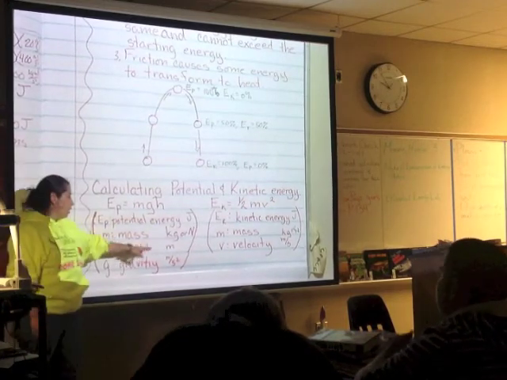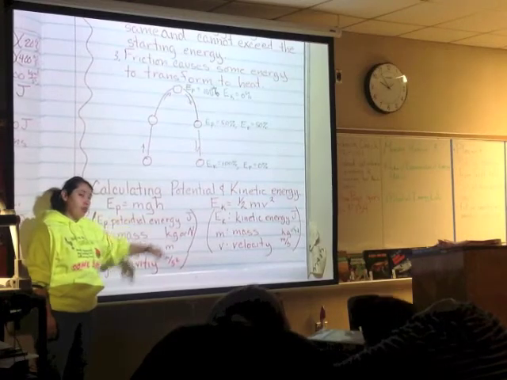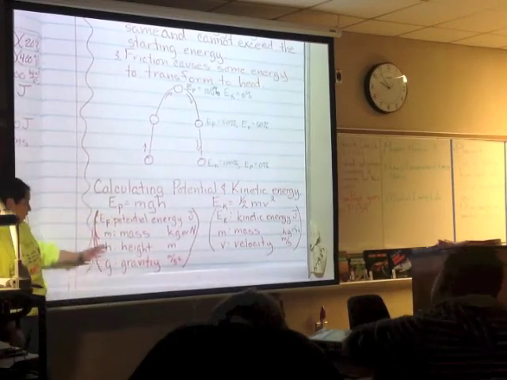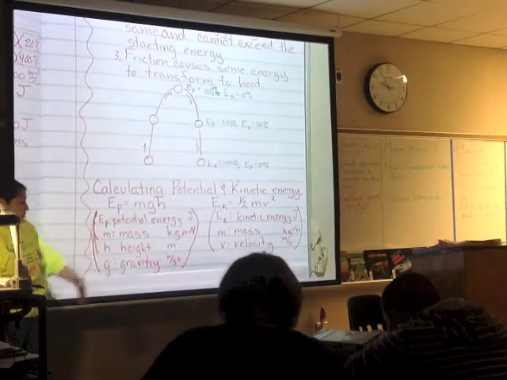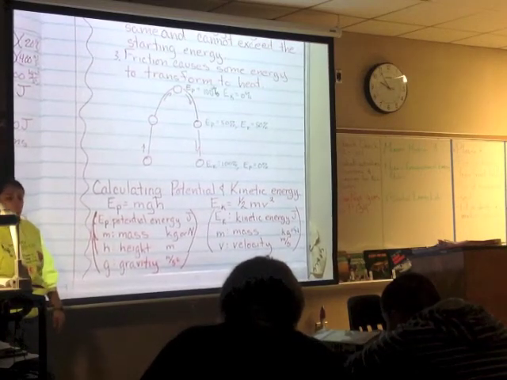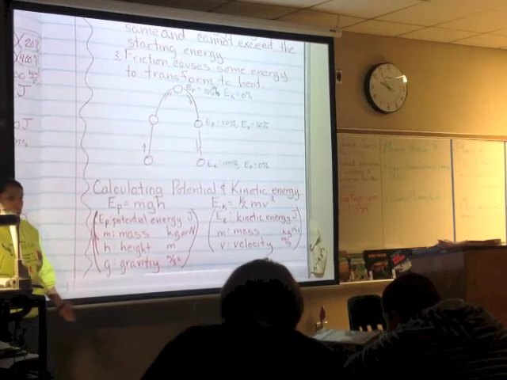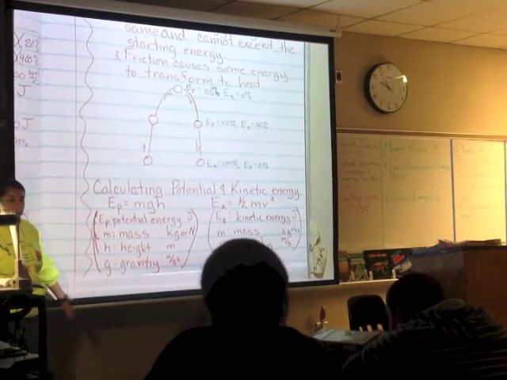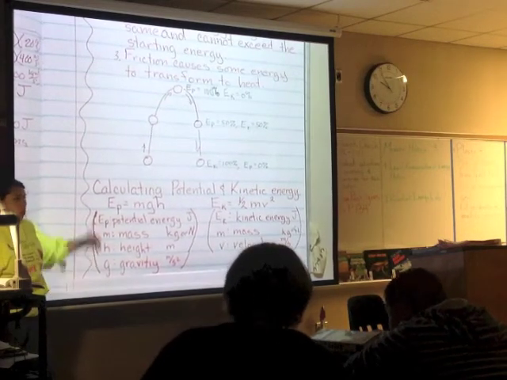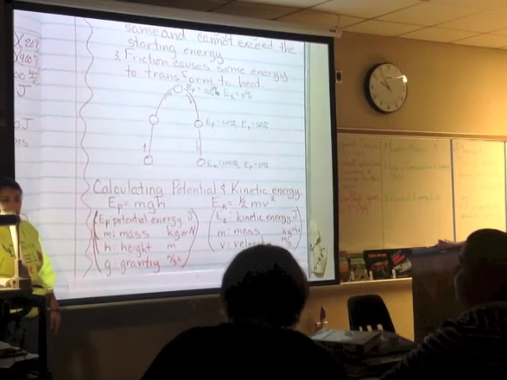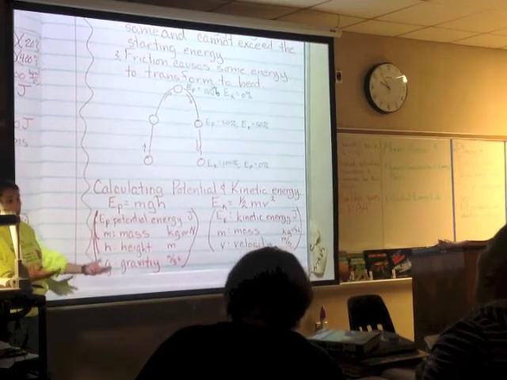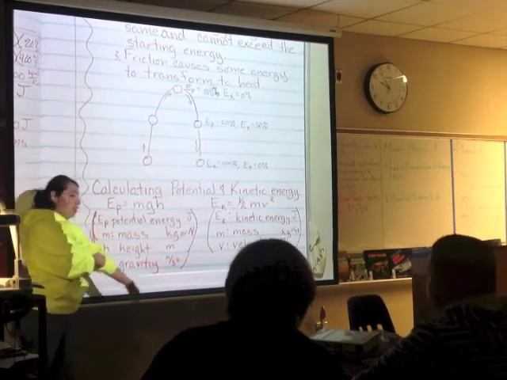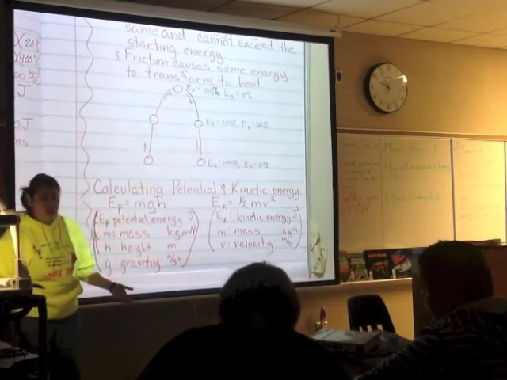M is your mass. Should always be in kilograms or newtons. So they give it to you in newtons. Height is always meters. Gravity is meters per second squared. Gravity is going to be a constant because it doesn't change unless you go to another planet. Gravity will always be 9.8 meters per second squared. And you don't have to memorize that number because it's also on the formula chart. But you will because you're going to use it a lot.